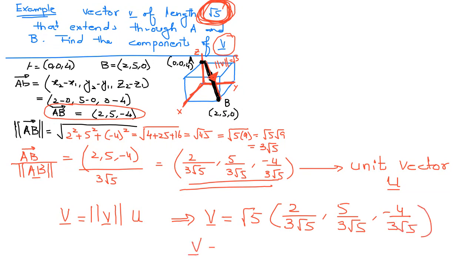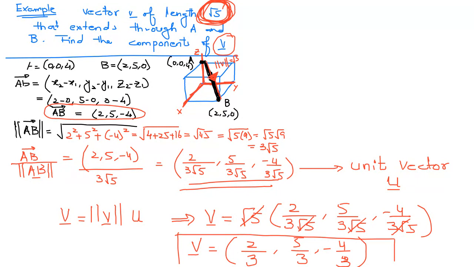So vector v will become, this square root of 5 cancels with all these ones. So this becomes 2 divided by 3, 5 divided by 3, and minus 4 divided by 3. So this is the vector components. Got it?